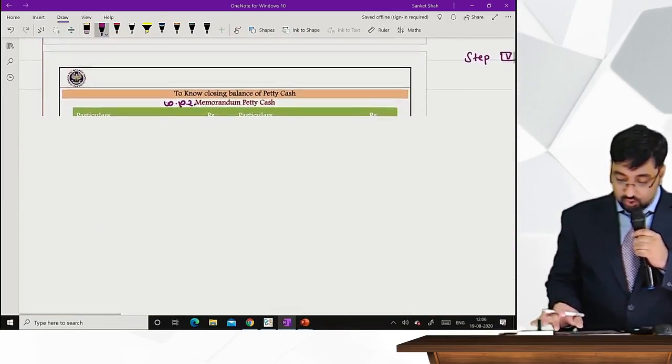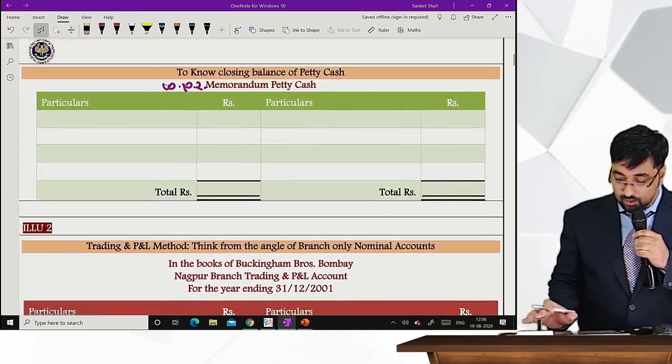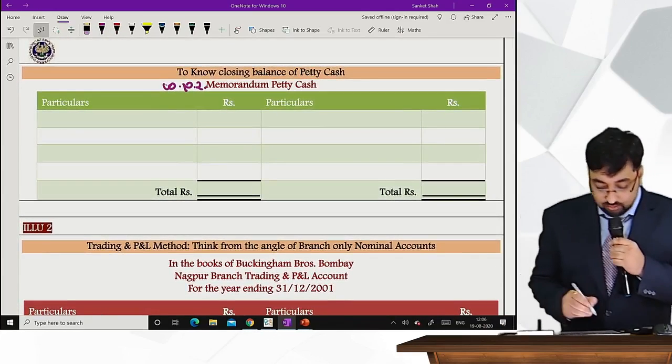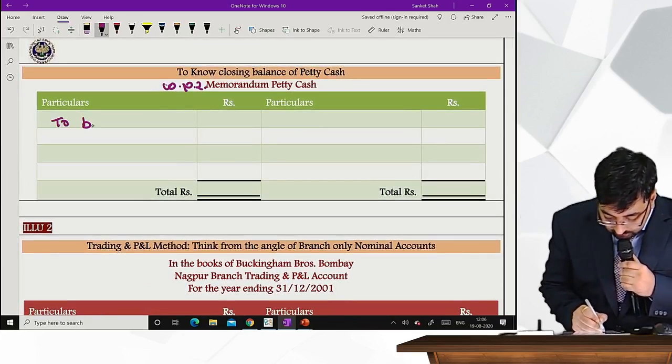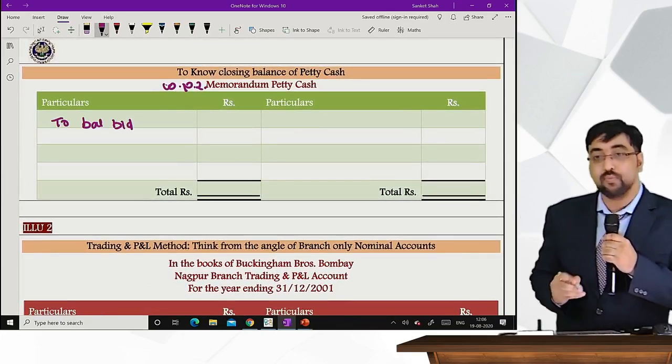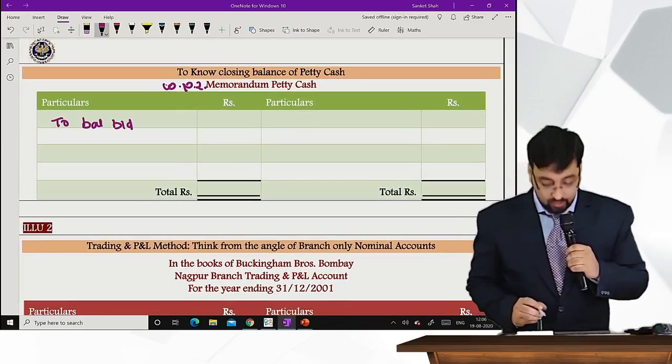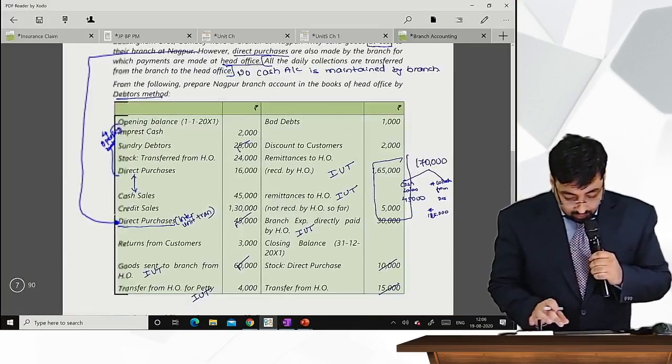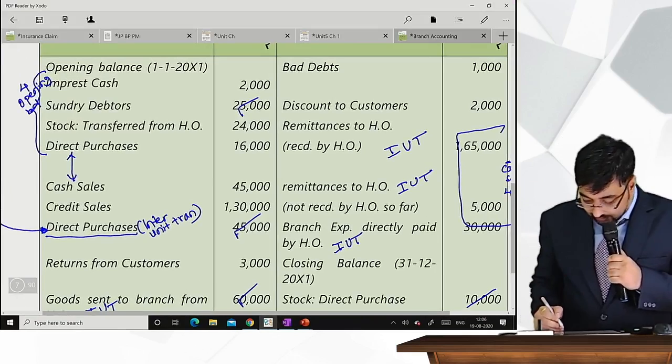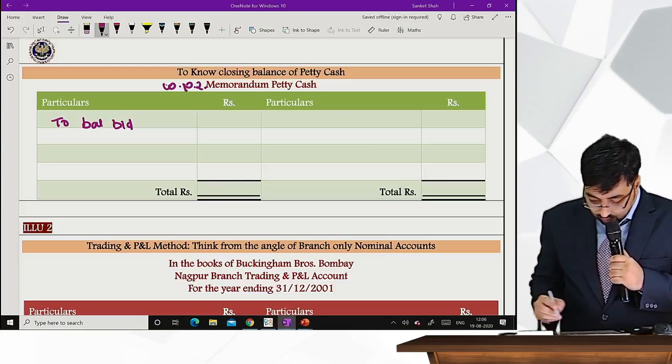And in working note 2, we are going to open petty cash account. So this is opening balance, to balance brought down. Imprest cash means petty cash. This is 2,000 rupees.